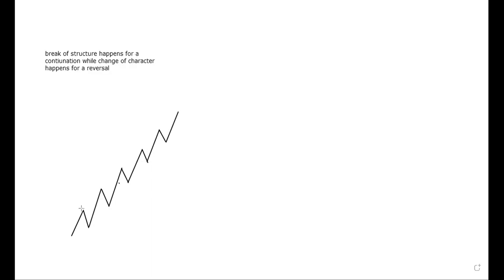So where is a break of structure here? Actually, this is a break of structure. This is a break of structure. This is a break of structure. It is different from other blocks.